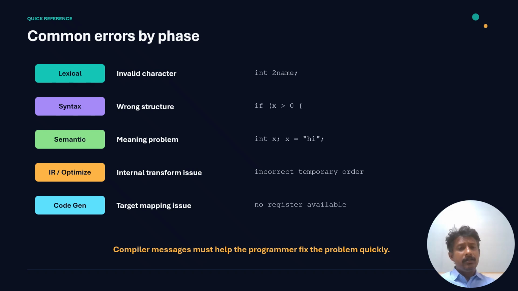In semantic analysis, the structure may be correct, but the meaning may be wrong. Okay. Intermediate code generation and optimization are mostly internal compiler activities, but we study them to understand how the compiler changes and improves the program. Okay, so when we get an error, we can try to identify which phase is responsible for the error.